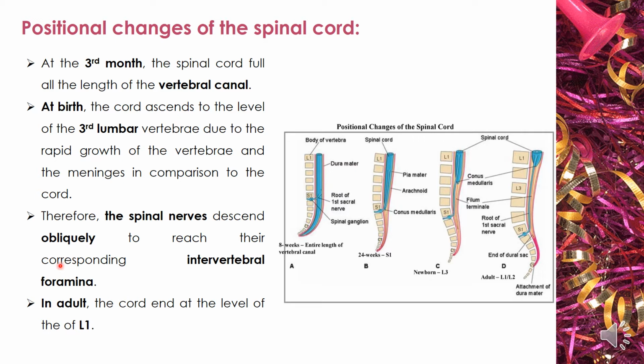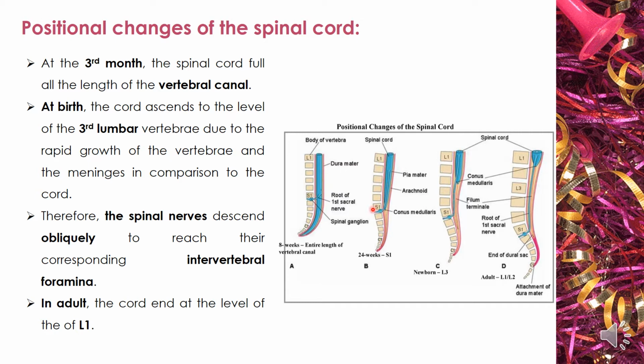Now, positional changes of the spinal cord. At the third month, the spinal cord spans the full length of the vertebral canal. You can see this is the full length of the vertebral canal. At birth, the cord ascends to the level of the third lumbar vertebra due to the rapid growth of the vertebrae and meninges in comparison to the cord.